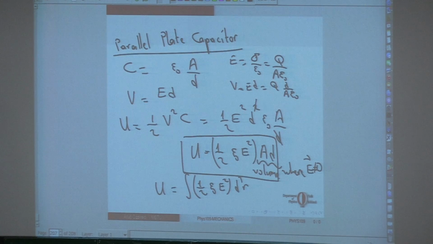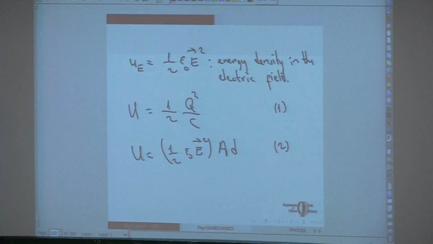Although the capacitance decreases as we increase the separation, the energy stored increases. The formulas tell us that: if D increases, E doesn't change, A doesn't change, so the potential energy increases. Why? Can you give a more physical explanation? Why does the potential energy increase?